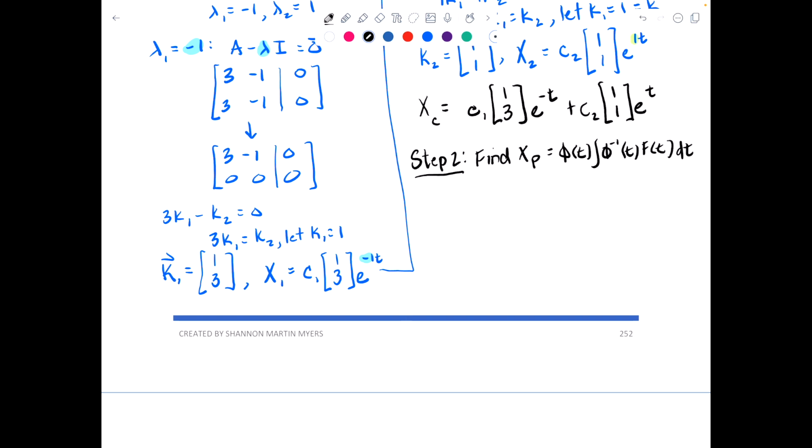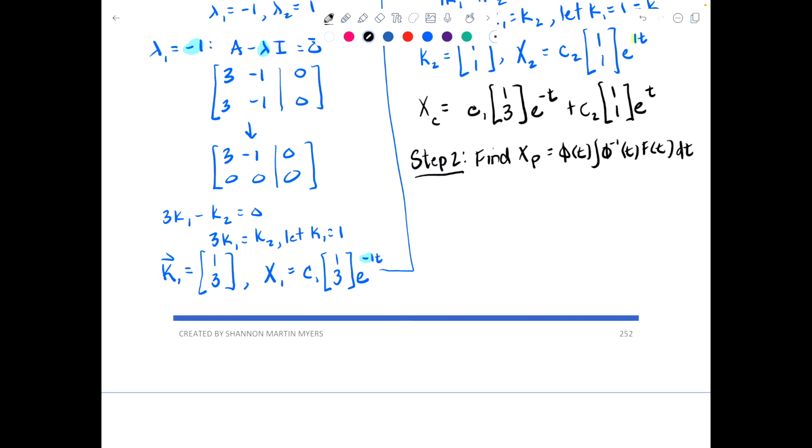First off, we need to find Φ at t. To find Φ at t is super easy. We just assume C1 and C2 equal 1, and then we bring these expressions into one happy matrix.